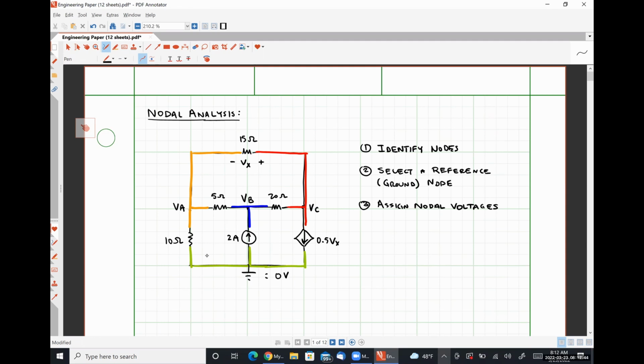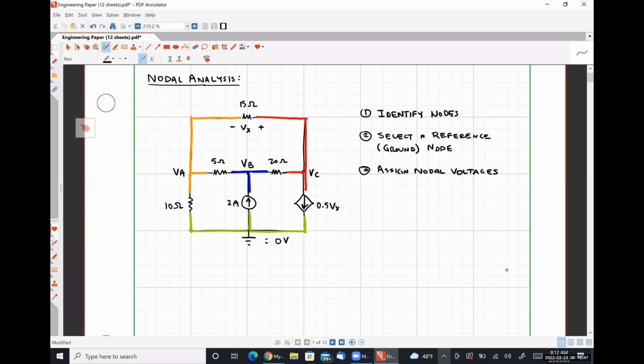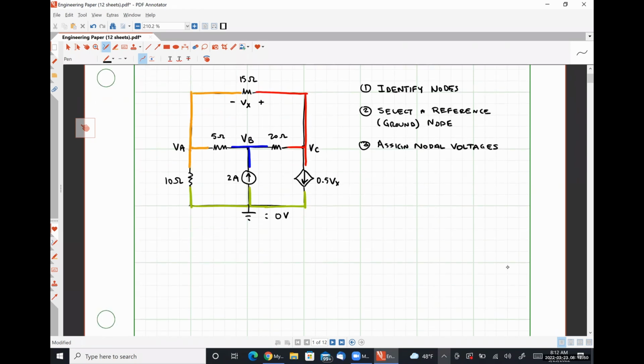Now we're going to get into our analysis portion, okay? So step 4 is going to be express controlling variables in terms of nodal voltages.